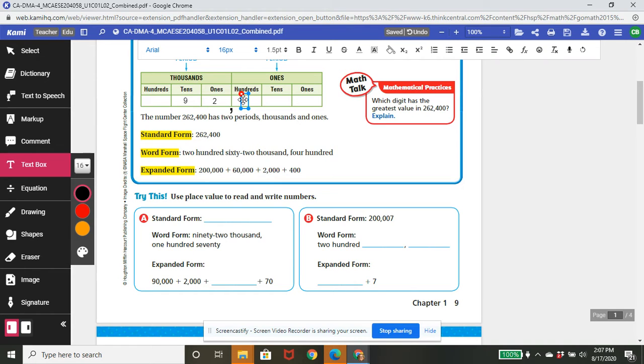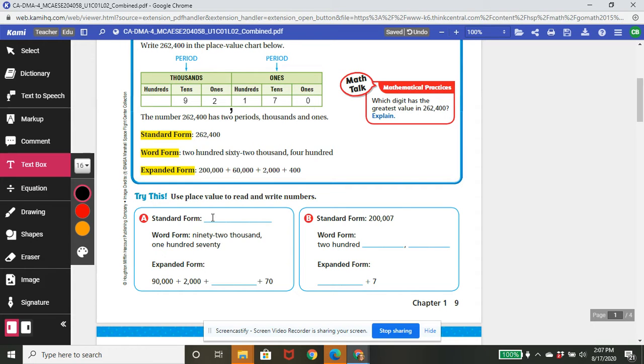So a 1 in the hundreds place, 100, and then 70. 70 means 7 tens. So that'll be in my tens place. And then I don't have any ones, so I'll put a 0. Don't forget to put a 0 if there's nothing in that column.